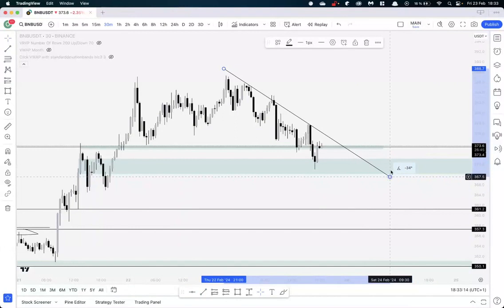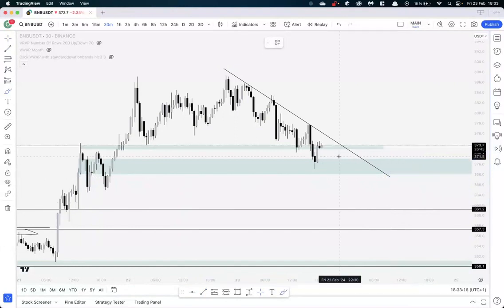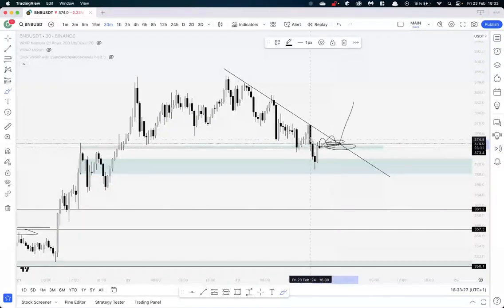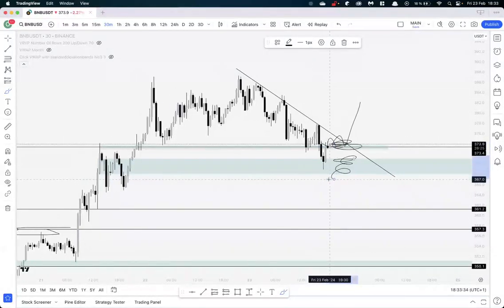Based off this, we can say that fair value has been now established down here. We're looking for a flip of this potential retest with a breakout of the trend line to potentially go long. And these are almost only based off TPO confluences. Then you can put your DCAs down here around this demand block.